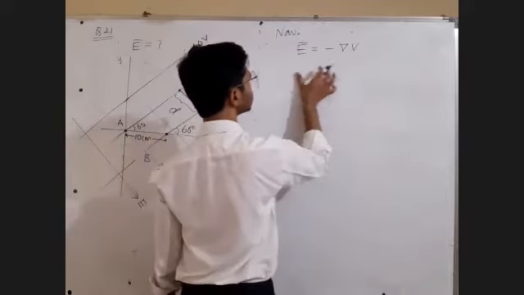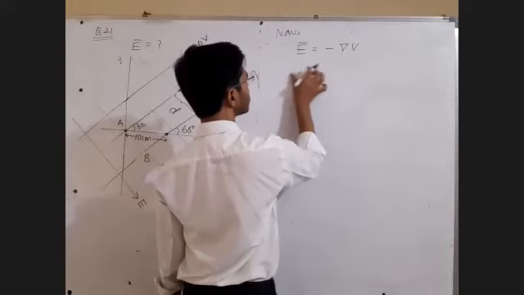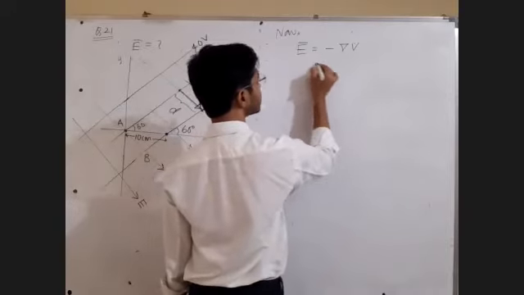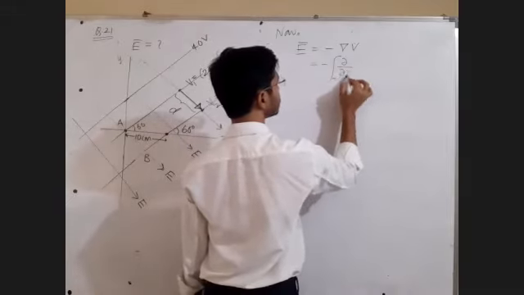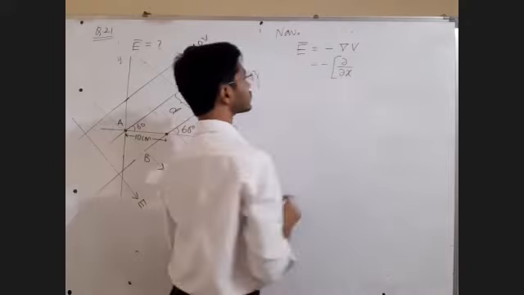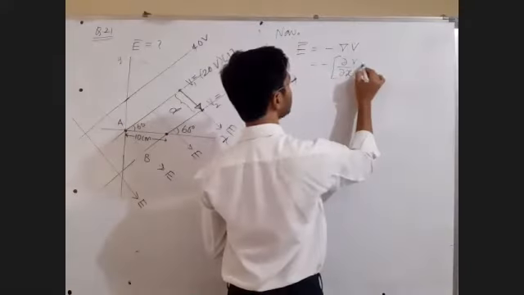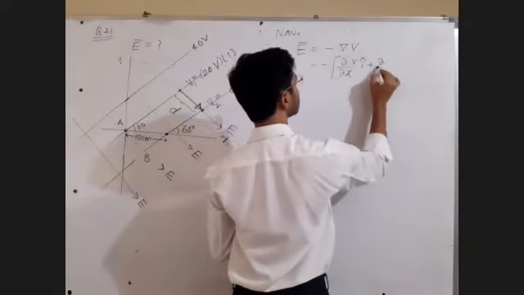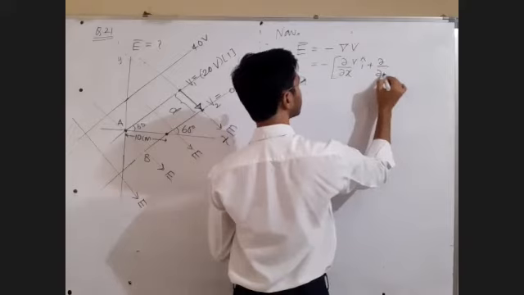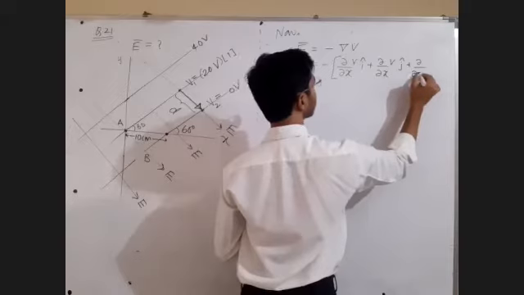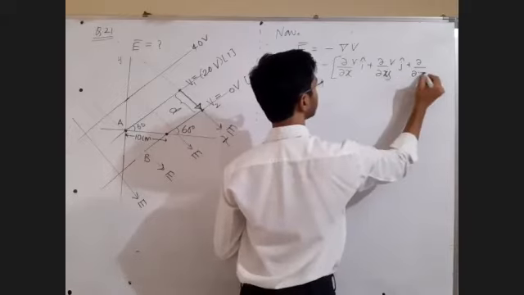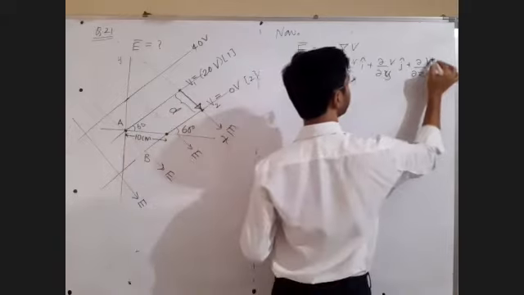Now, for the 3-dimensional case, you are going to write it like this: dou by dou x of V into i cap plus dou by dou y of V into j cap plus dou by dou z of V into k cap.